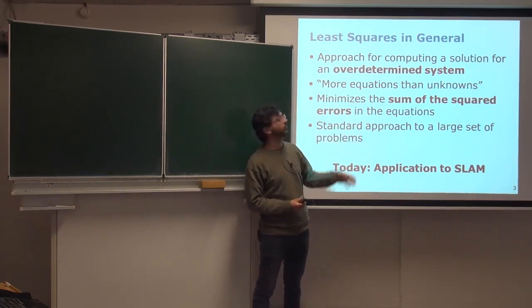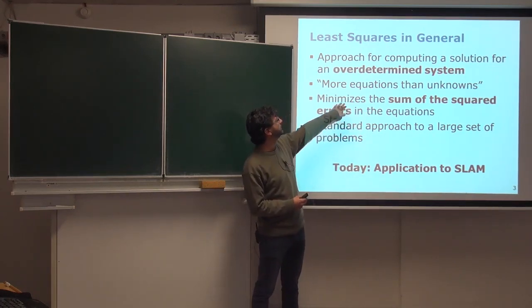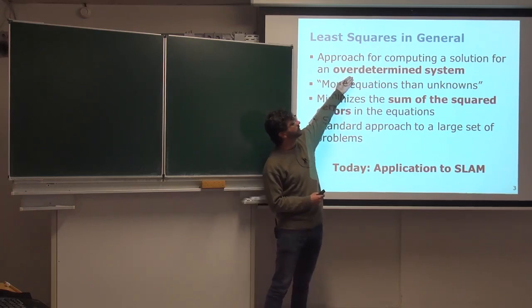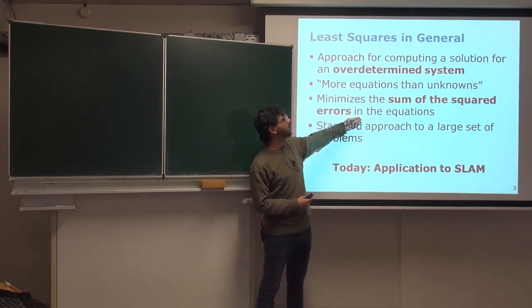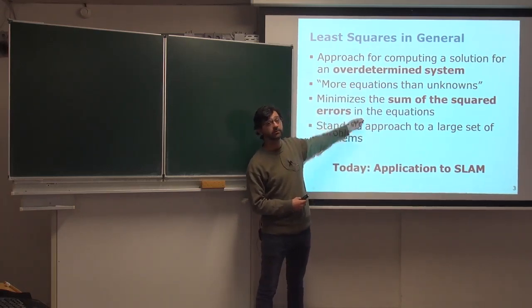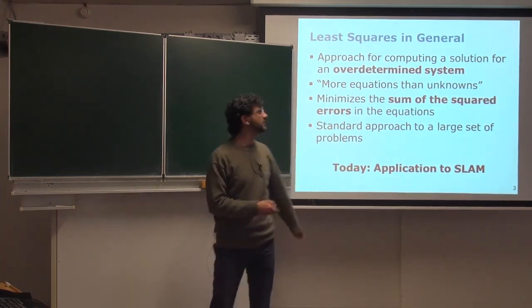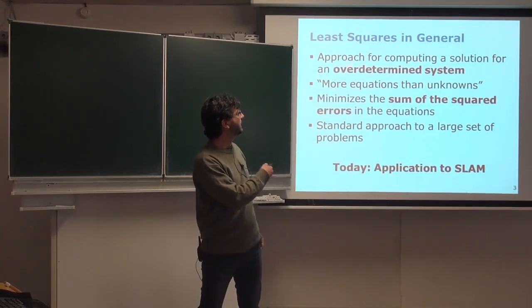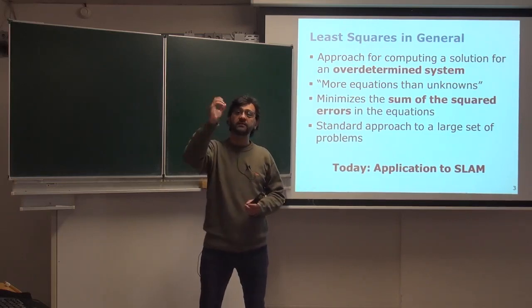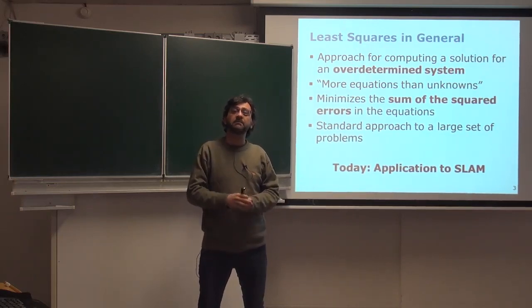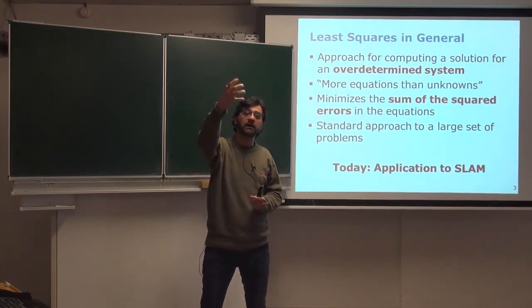And to define the error, we use a squared error, so therefore we go from an overdetermined system of equations to a least squares problem, which basically means instead of trying to find the exact solution of the equation, we try to minimize the error from our equation.